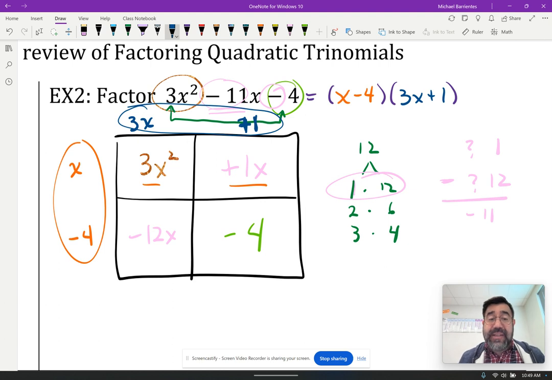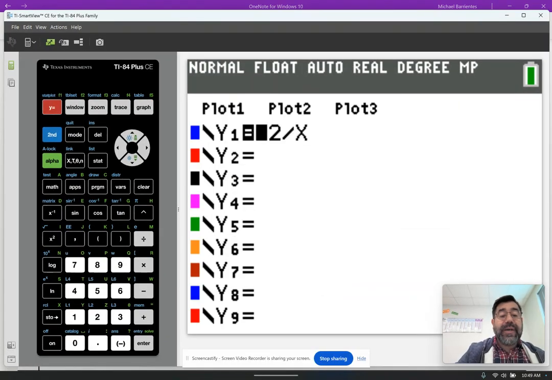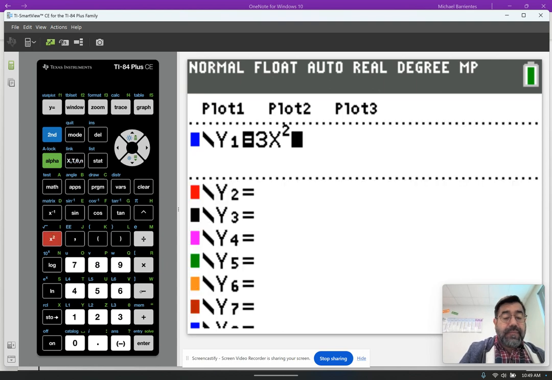Is it correct? Did I do it correctly? Well, we can check. We can use our calculator to figure that out by graphing it. I'm going to come to my calculator, go up to y equals, and enter 3x squared minus 11x minus 4.